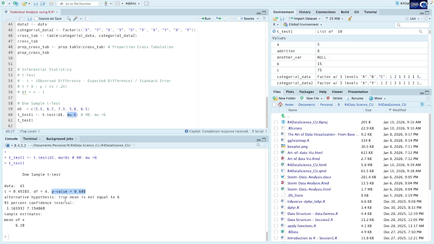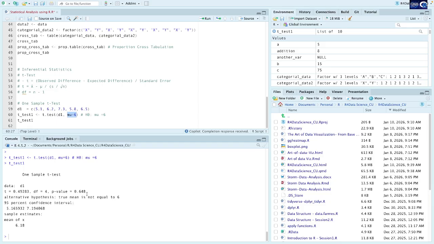If the p-value is less than 0.05, you reject the null hypothesis. In this case, means are significantly different. If the p-value is greater than 0.05, you fail to reject. We won't say we accept. As statisticians, we say we fail to reject the null hypothesis, or there is not enough evidence to say that means are different.